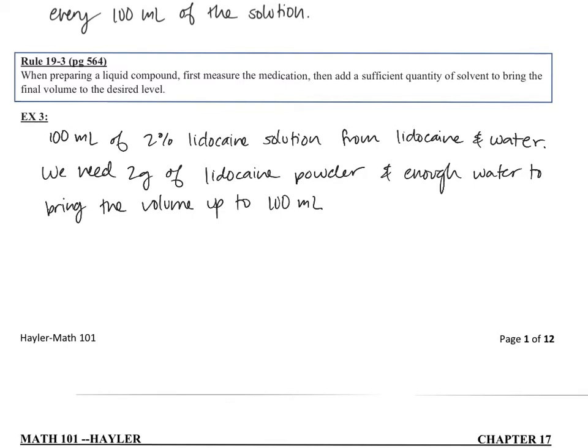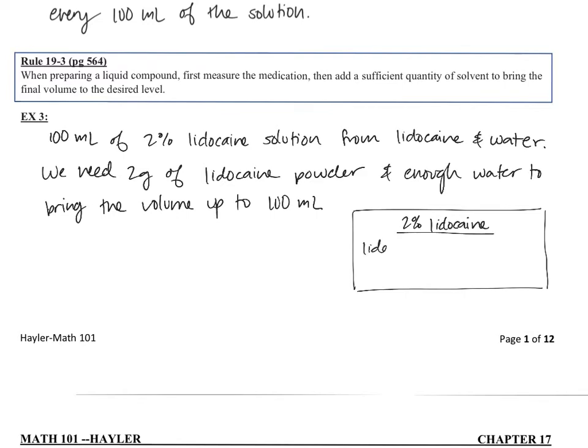So a recipe might look like the following. For a 2% lidocaine solution, for the lidocaine we would have 2 grams, and for the water, QSAD 100 milliliters.